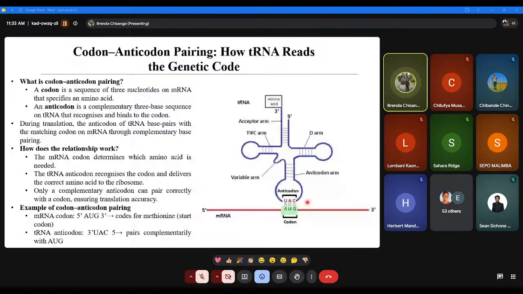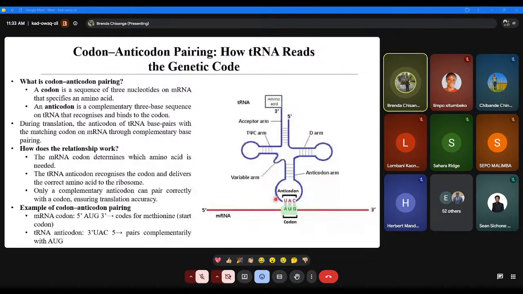Okay, so now let's look at the anticodon-codon relationship. That is to say, the tRNA is carrying the anticodon and the mRNA is carrying our codon. I'll start by standing at the 5' end, the first nucleotide. On my mRNA, I have A. On the anticodon, I should have the complement.